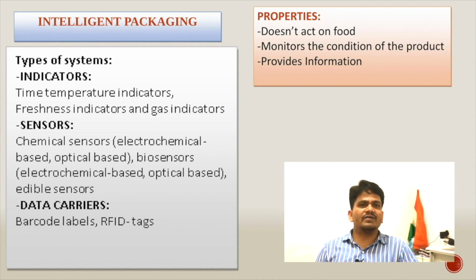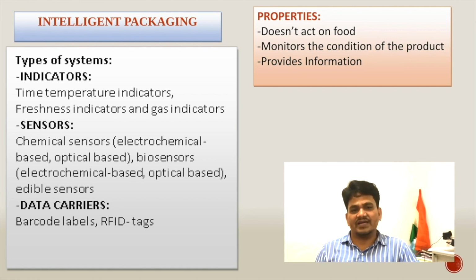Some are edible sensors associated with the food products, and even when we consume them, there is no problem at all. Data carriers, generally used for information, may be represented as barcode labels and RFID tags.